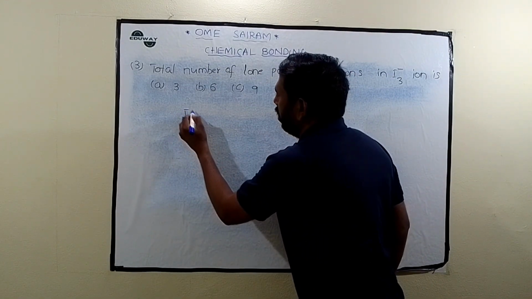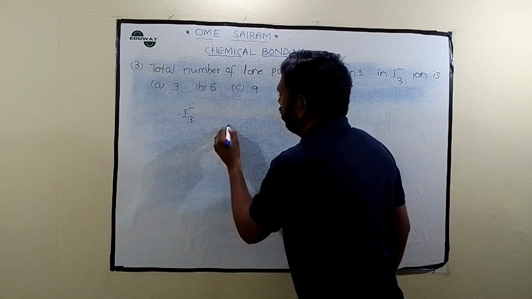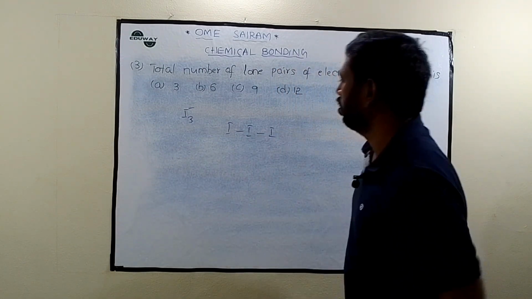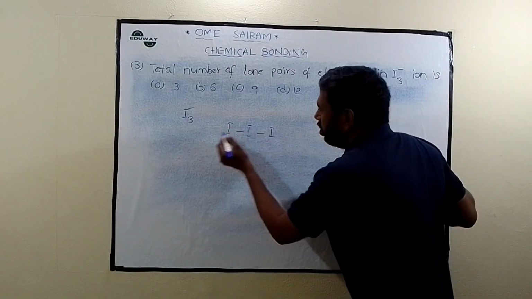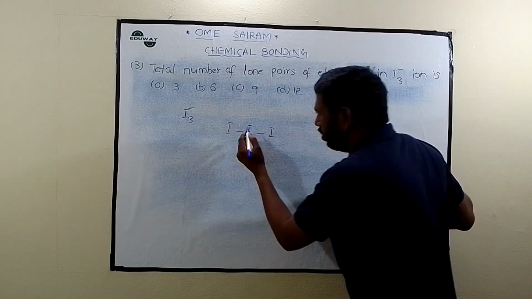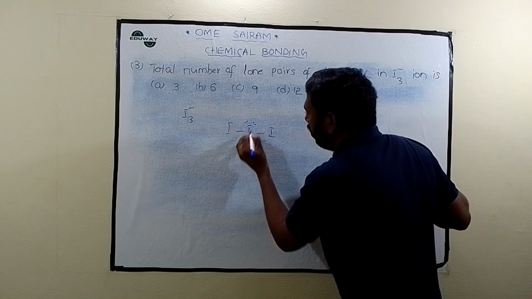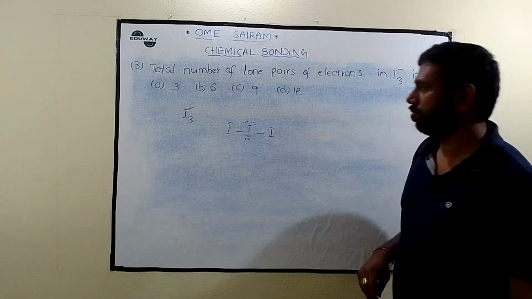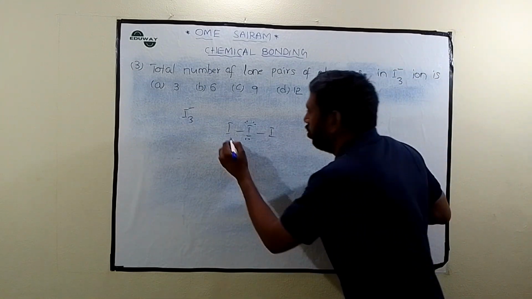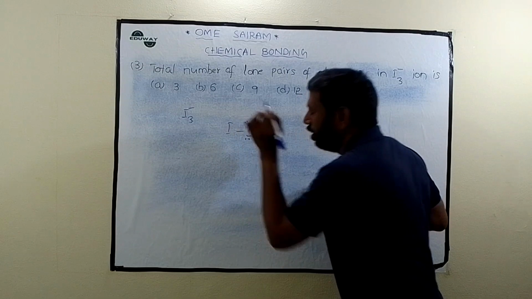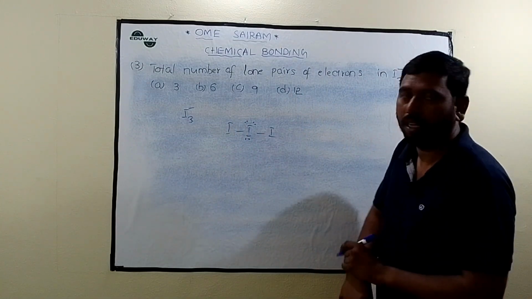Given the I3 minus ion. Previously we discussed that the central iodine has 3 lone pairs. Now we have to find out the number of lone pairs on this iodine atom.